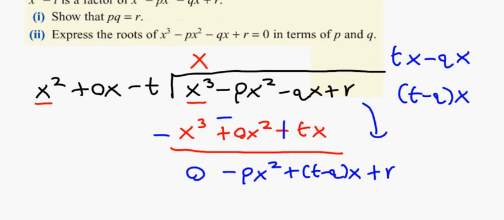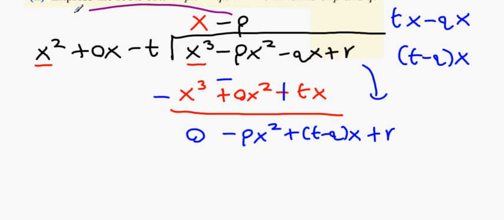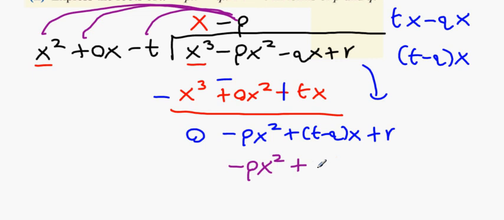Okay. Next thing. How many times does x squared go into minus px squared? That's going to be minus p times. Multiply minus p by x squared, so once again three lines are going to come out, and what we're going to get is minus px squared plus 0x, this is going to be 0x still, and then minus p by minus t is plus pt.